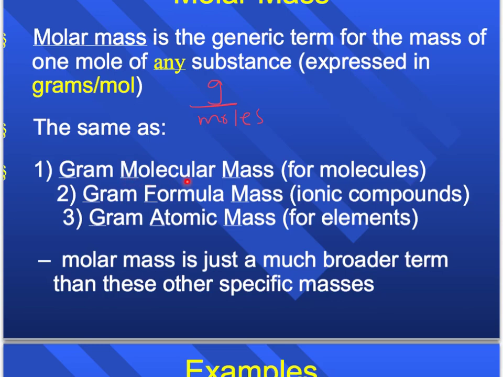You can just see the word molecule, formula, remember the formula units for ionic compounds, and then atoms for individual elements. So the molar mass is just a much broader term than these other specific masses, and that's why I'll be referring mostly just to the molar mass.